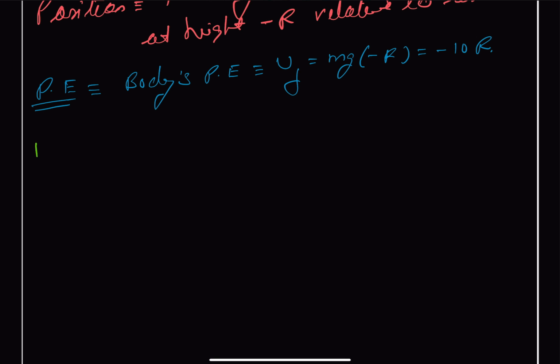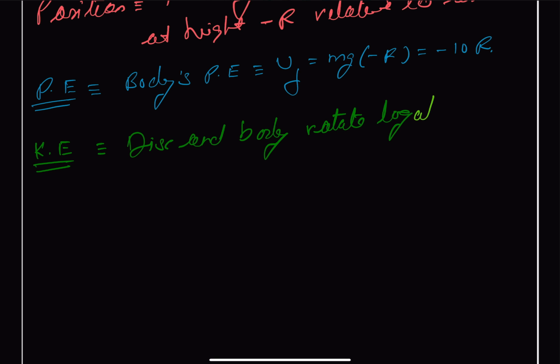So we can say the kinetic energy, and both the disk and body rotate together with angular speed omega.